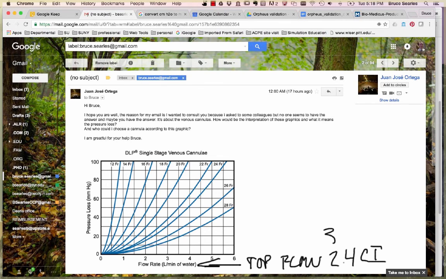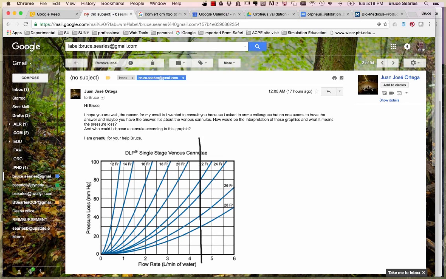Maybe for your pediatric cases you use 3.0 cardiac index, maybe even higher. I'm not sure what your hospital uses. But that's the flow that they're talking about at the bottom of the chart. So now you have a patient who needs, say for instance, 4.5 liters flow. You have to come out here and read the chart right there.